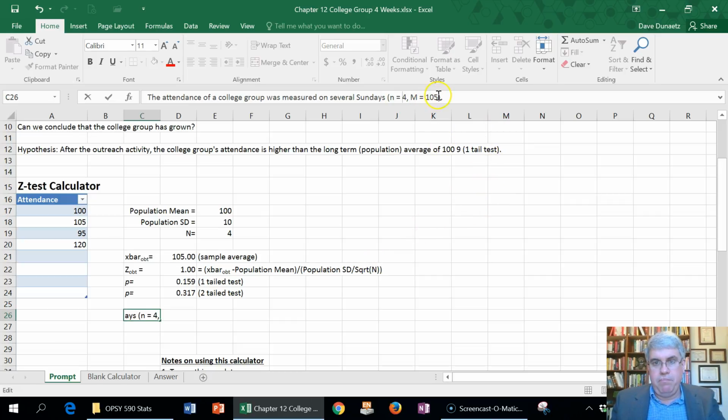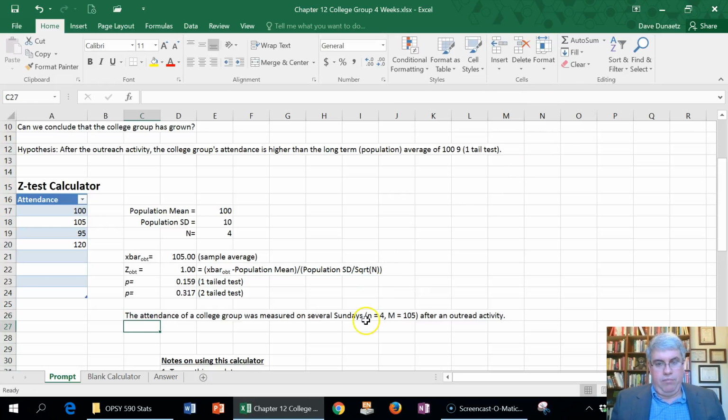Okay. Let me keep the text after outreach activity. All right, so here I said what our result was. We took a sample of 4 Sundays with a mean of 105. Now I'm going to present the results of the hypothesis test.